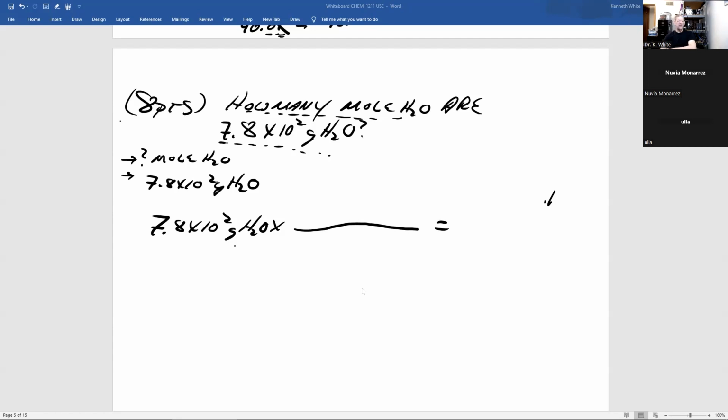I see somebody already's got the right answer. Yay! So it's my turn. We're trying to find, because we already figured it out, moles of water. Now, what units go on top and bottom of that ratio? Not numbers, these units.